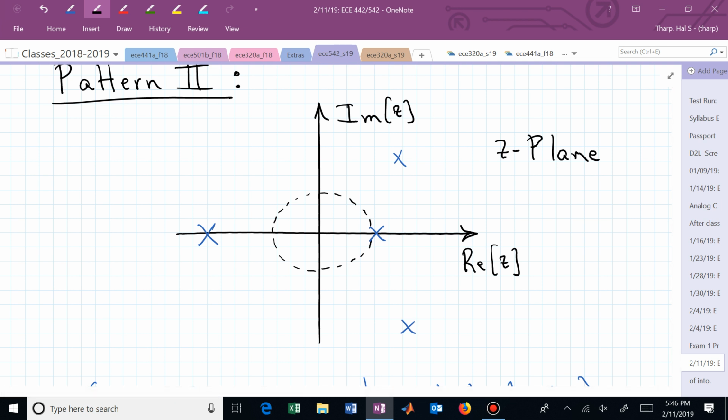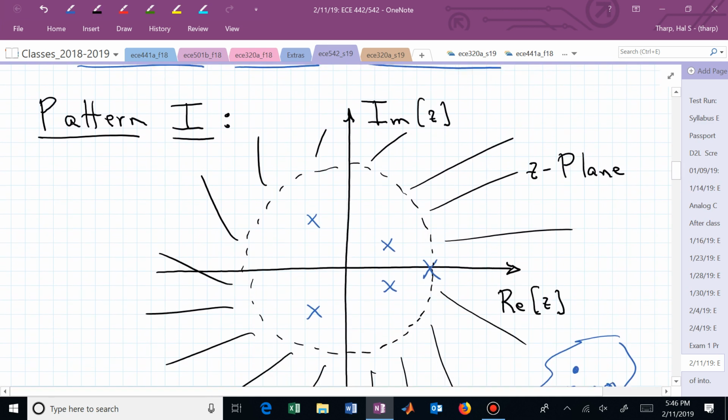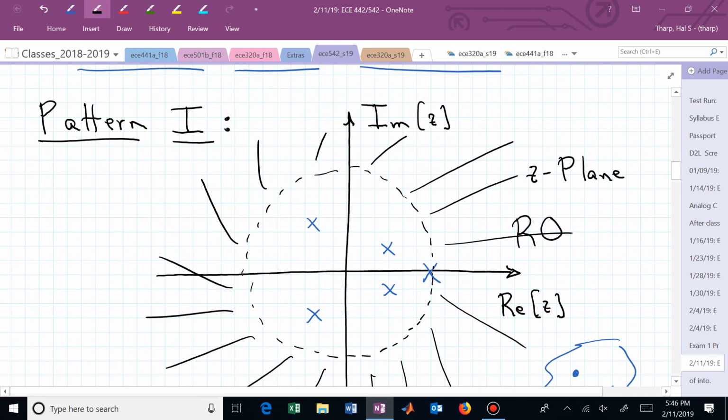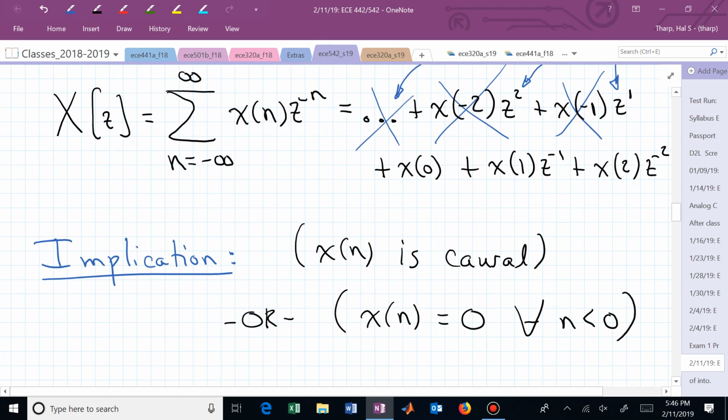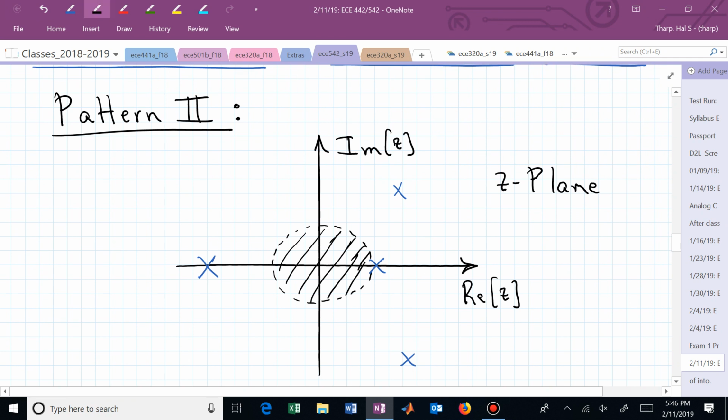But now what I'm doing is I'm actually going to shade the interior. The ROC out here was shaded in the last one. Here is the region of convergence for pattern number 2. It's interior to all of the poles.